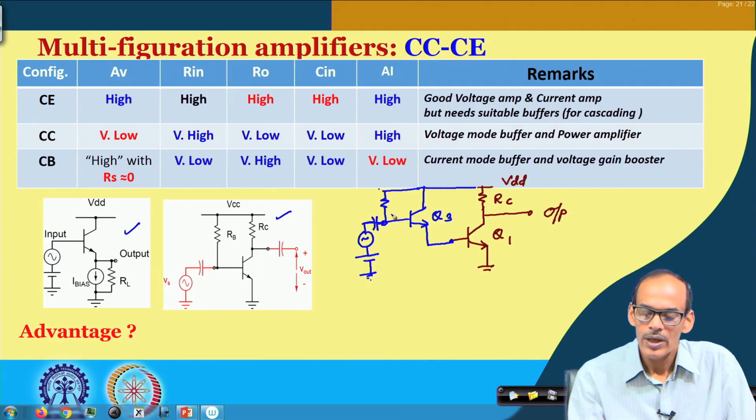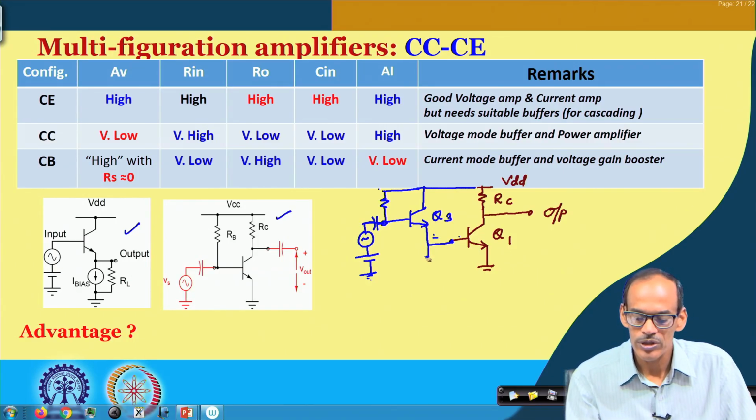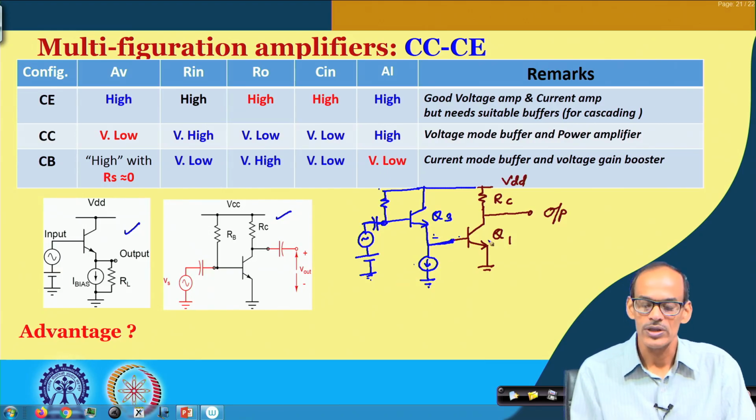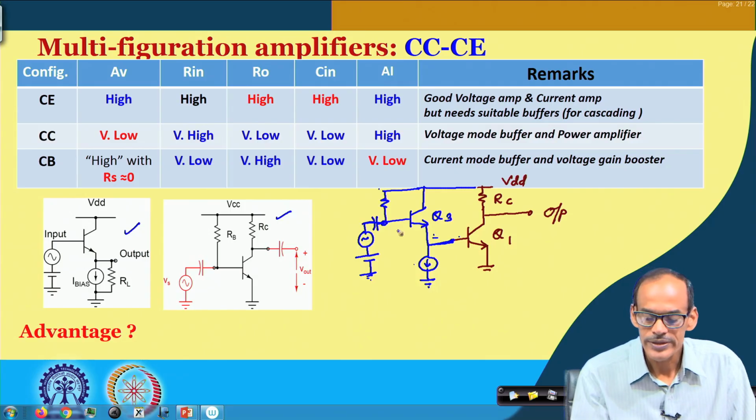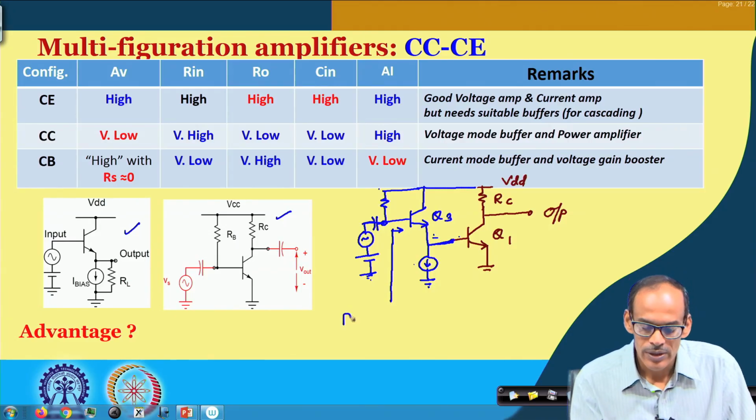In case the entire emitter DC current is not necessary for the base of the main transistor Q1, then you may put a current sink path. The excess current will go there, and the base current will go to Q1. Whatever it is, the small signal input resistance of this circuit is our primary interest. What is the corresponding expression?